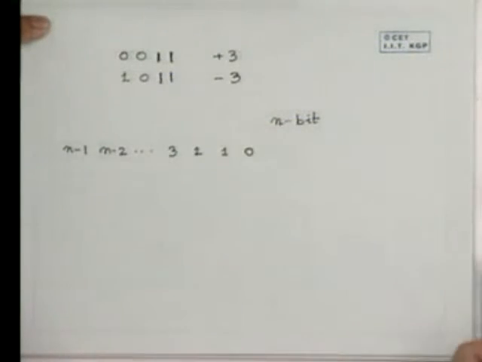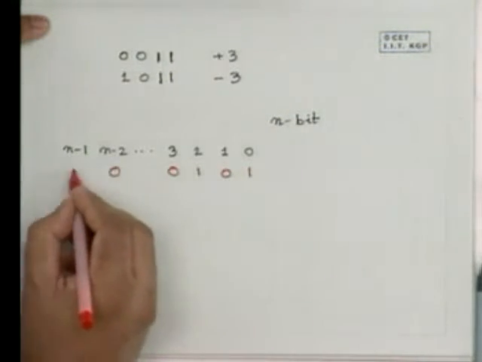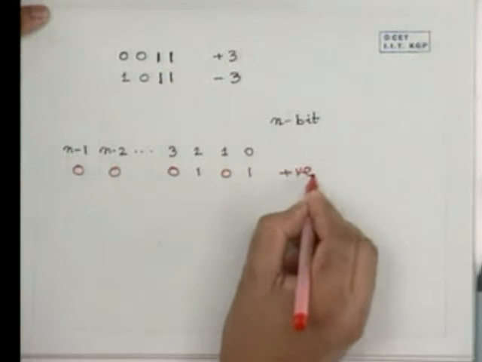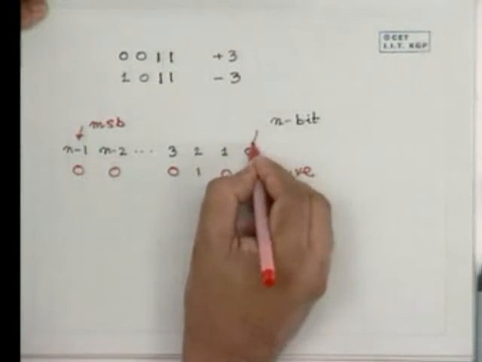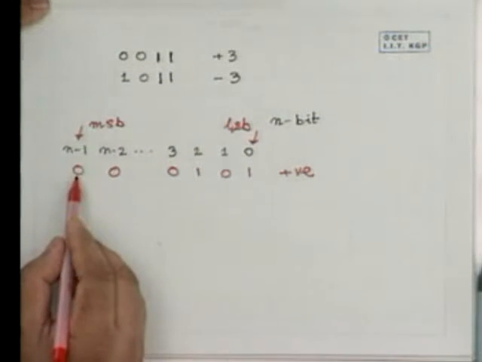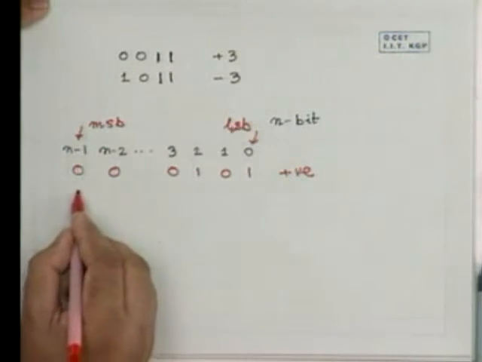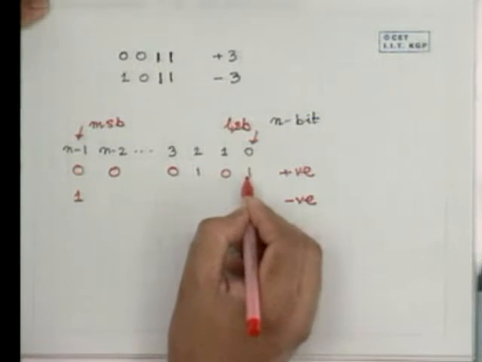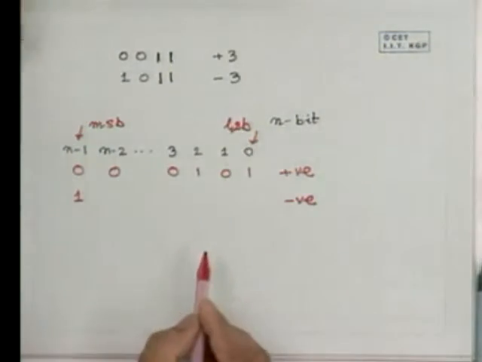For example, if the n minus first bit is 0, then this is a positive number. We call this the most significant bit, and this the least significant bit. Our convention is that if the most significant bit, or n minus 1th bit, is 0, then it is positive. If the n minus 1th bit is 1, then this is a negative number. This is our 0th bit. Let me repeat, this is our n minus 1th bit in our n-bit representation.